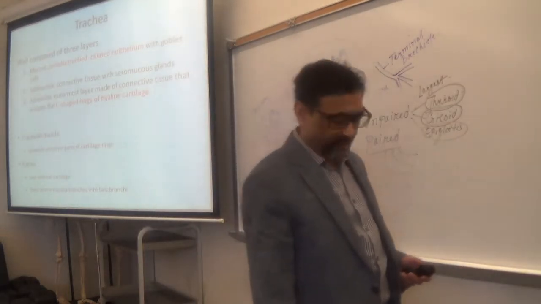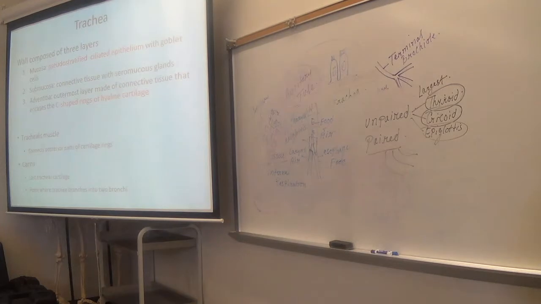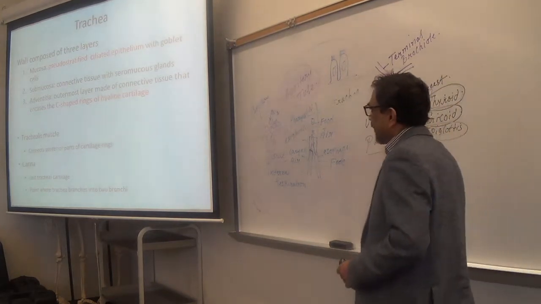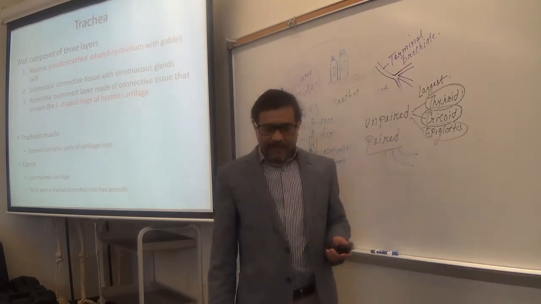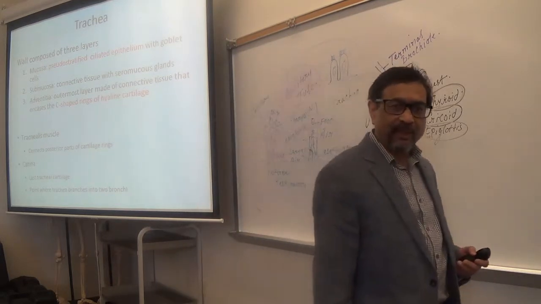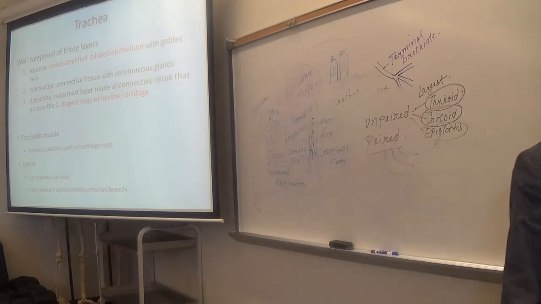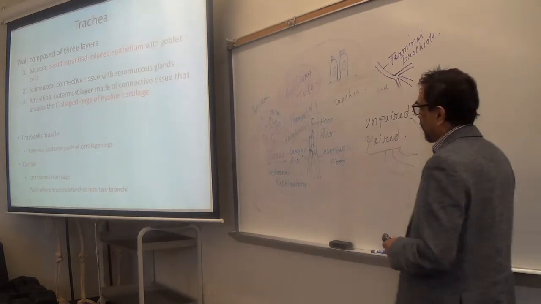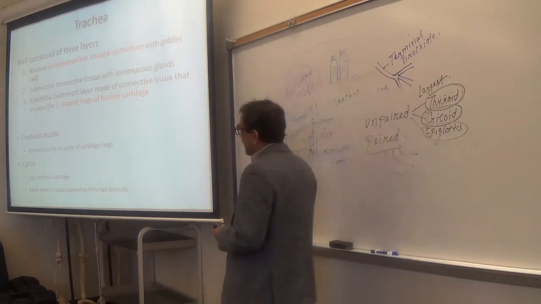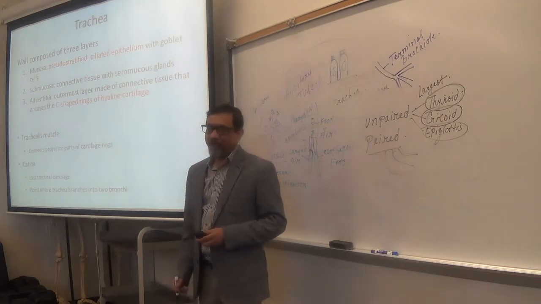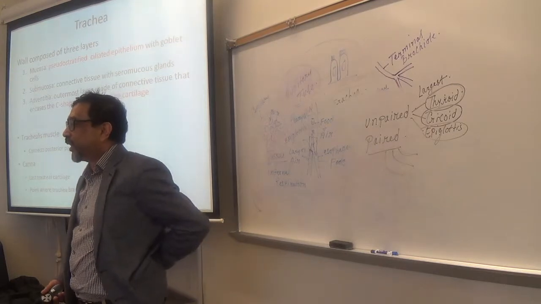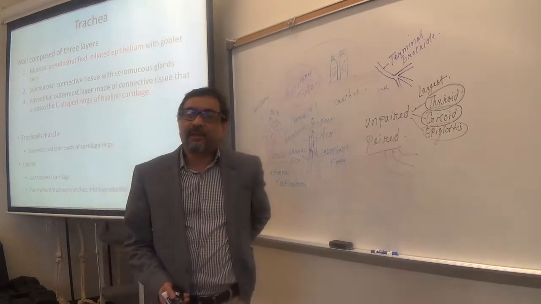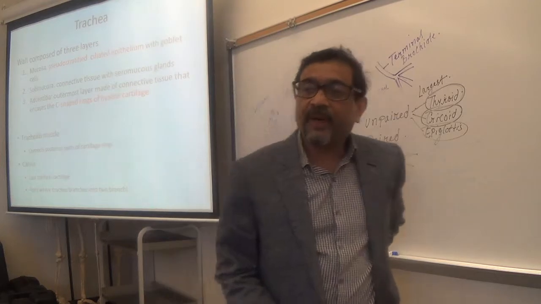After the larynx, next organ is the windpipe, which is the trachea. Okay? The trachea has three layers in the wall, from inside to outside: mucosa, submucosa, and adventitia. I said at the very beginning today that trachea consists of cartilages and muscle.